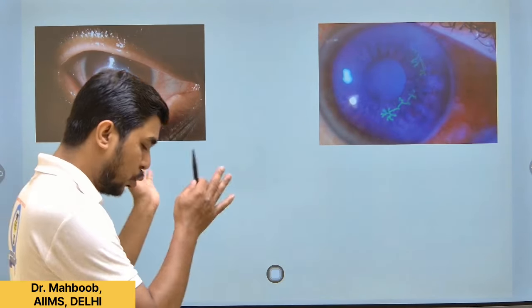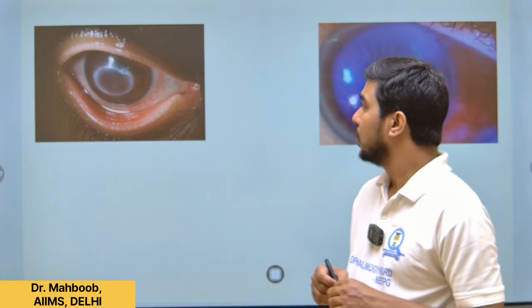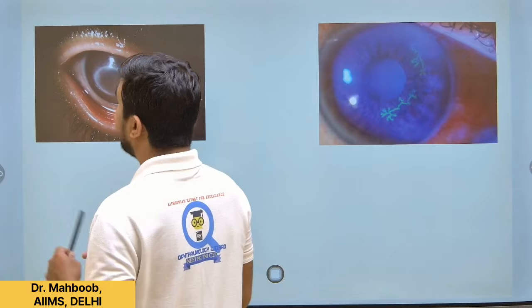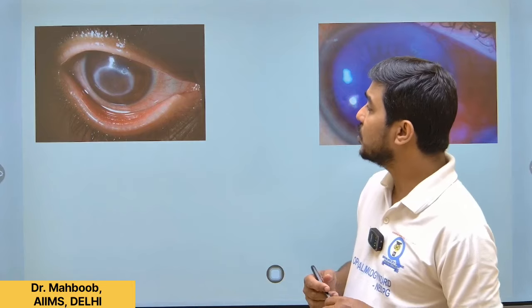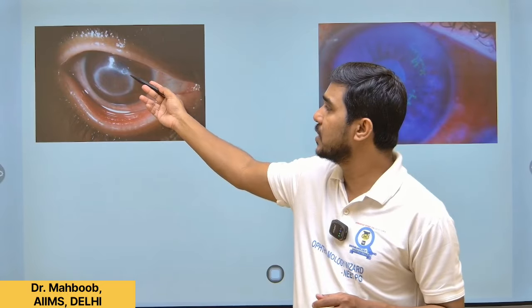Now coming to these two images, very important. As we already learned about bacterial and fungal corneal ulcer, we have to think of one more important thing. Let me tell you. What is this? You can see there's a ring type of lesion with an abscess here.